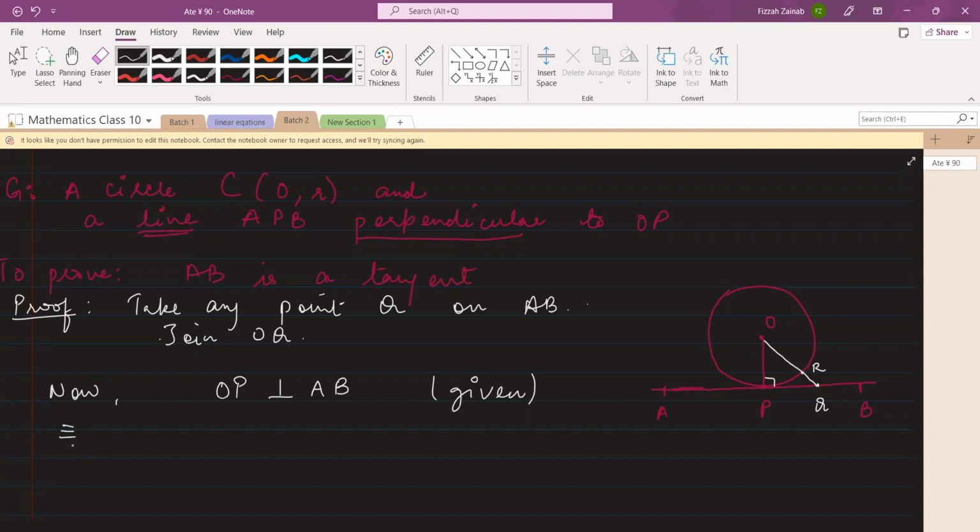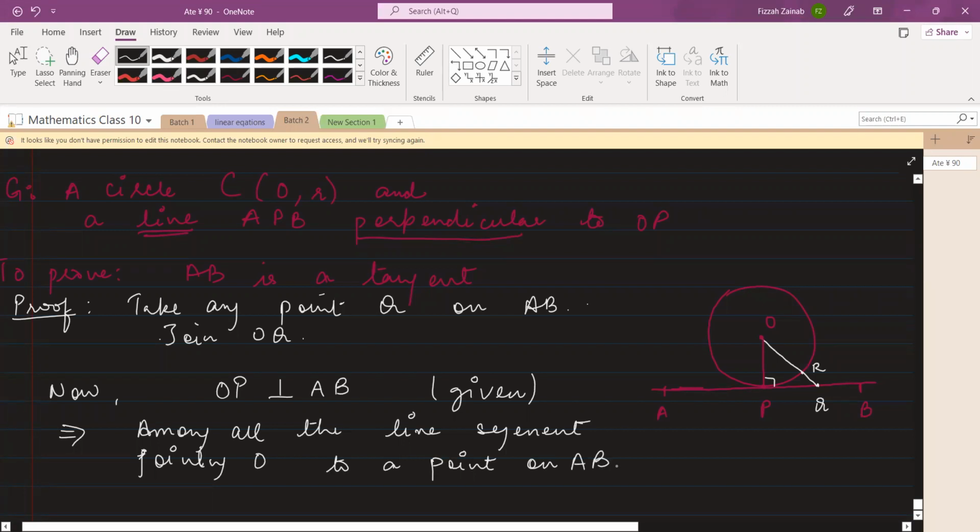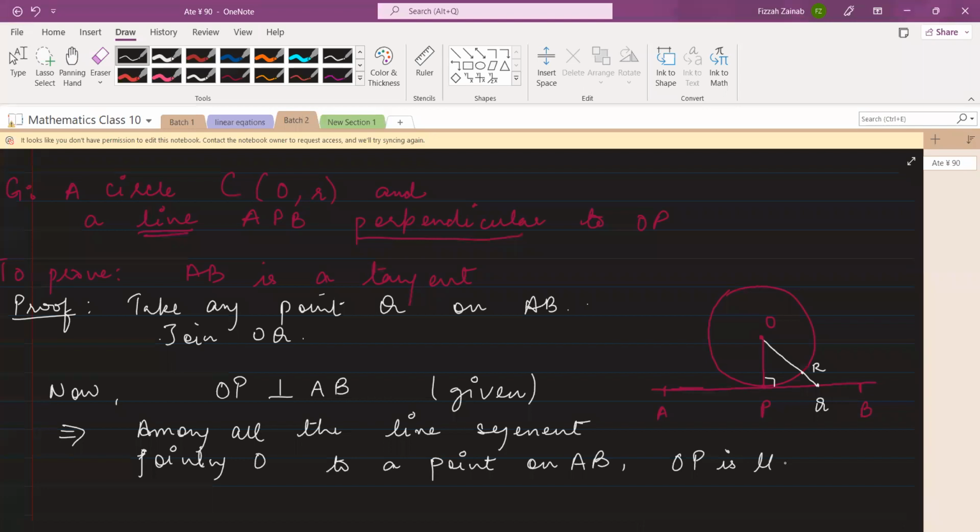So among all the line segments joining O to a point on AB, OP is the shortest.